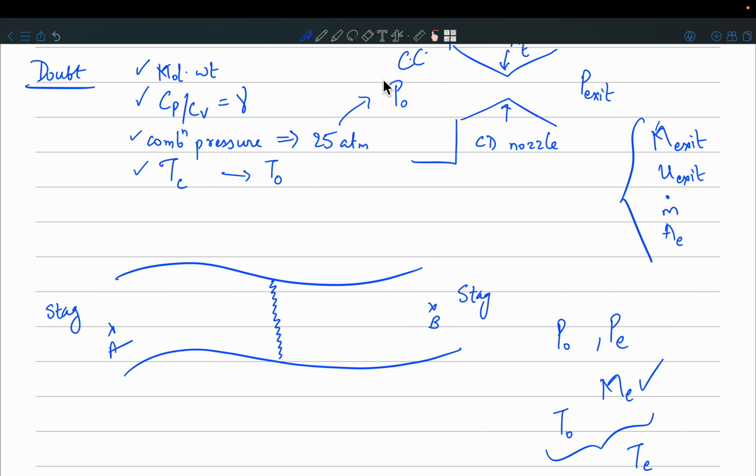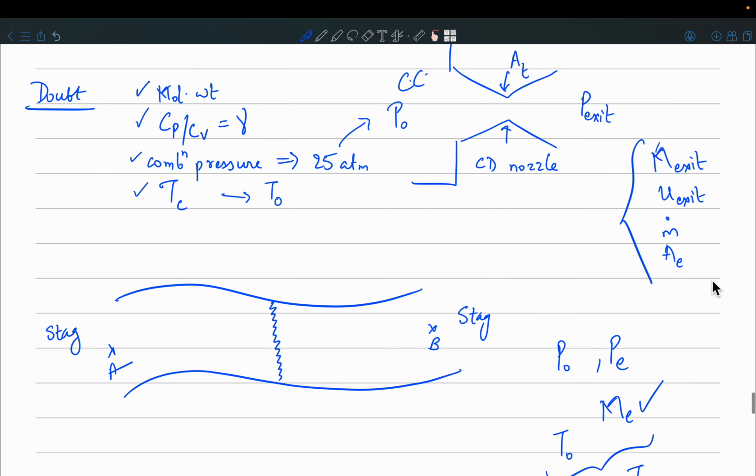Exactly. But in combustion chamber there is no flow, so that is why whatever is given is the stagnation pressure, and what is given in the temperature is also the stagnation temperature. Correct. So now you understood how to find all these quantities, right?